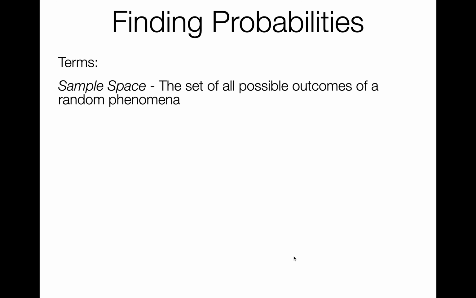And so the first term is a sample space. A sample space is very important to these types of problems. The sample space is the set of all possible outcomes of a random phenomena. And I think it's best described using an example. So if I wanted to flip a coin twice, that was my random phenomena.